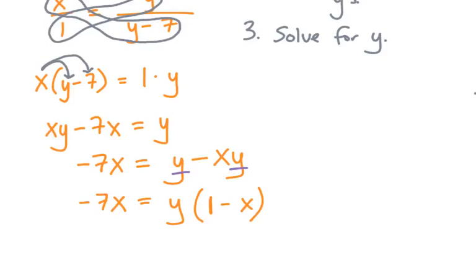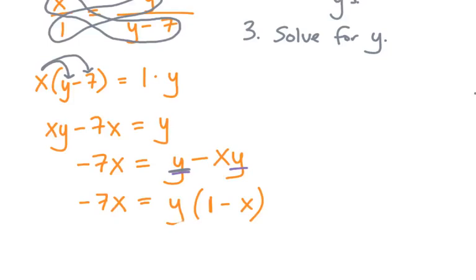So just a reminder, when we say factor, we can always check our work by distributing the quantity back in. So double check that y times 1 recovers the y term, and y times negative x recovers the negative xy term. So we factored out the y that we're trying to solve for.